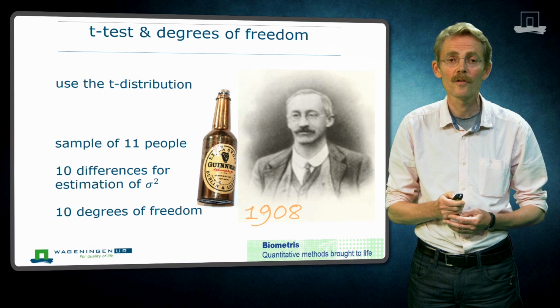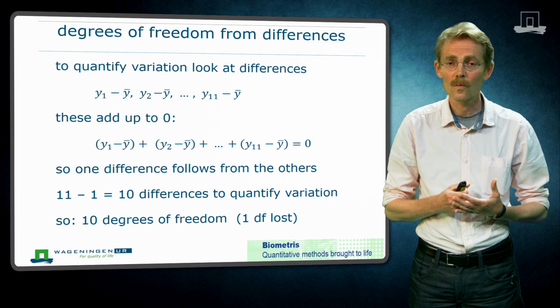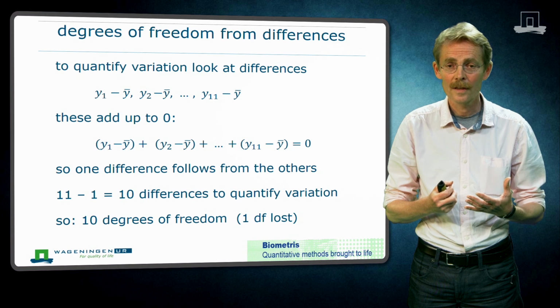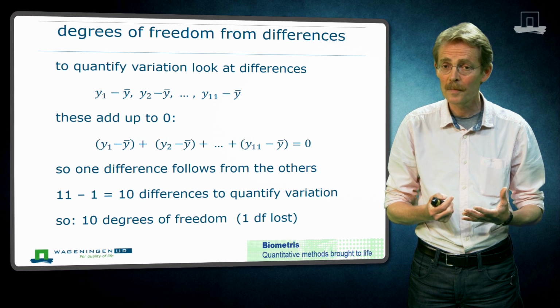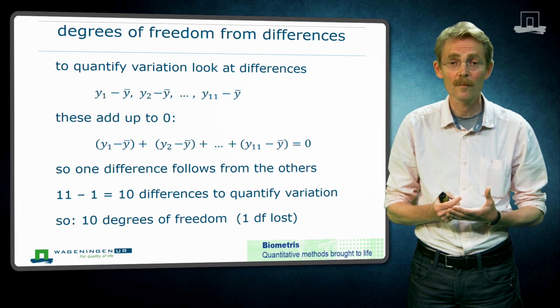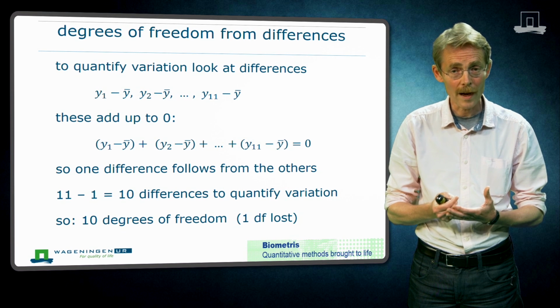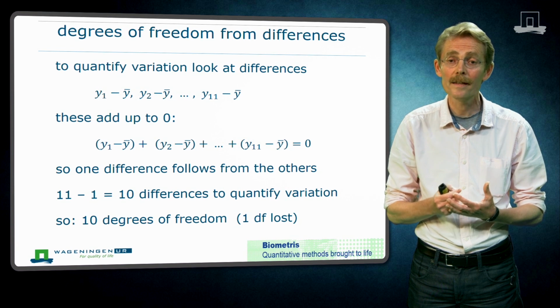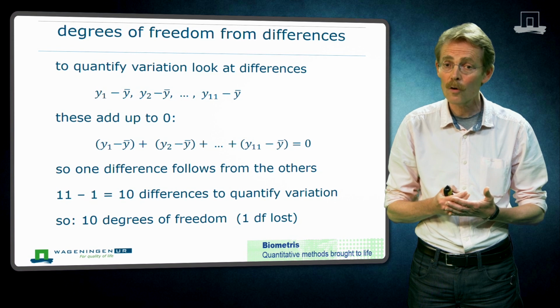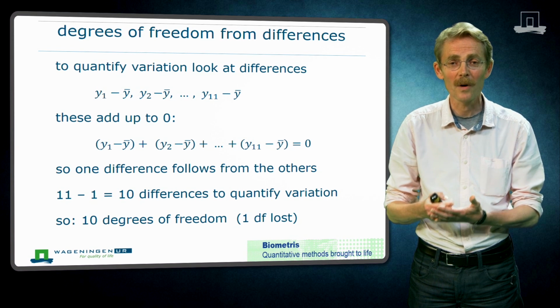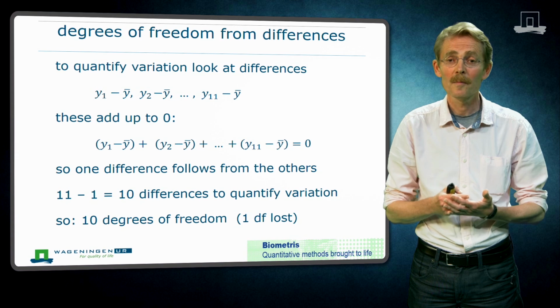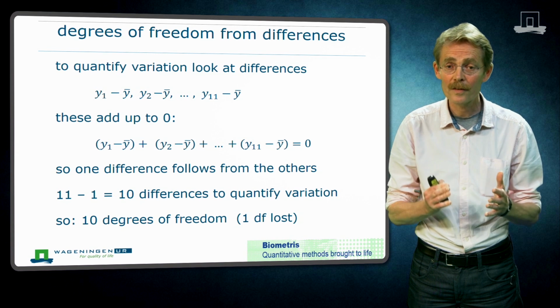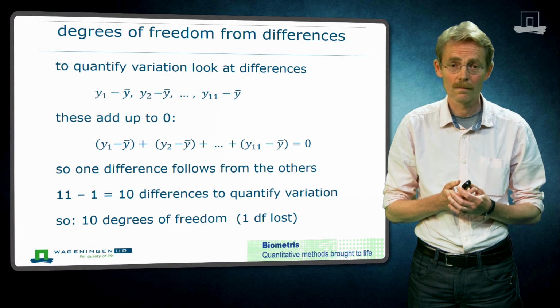Let me explain a bit further. We quantify variation in terms of differences around the mean. That would be mu in this case. That would give you 11 differences, y1 minus mu up to y11 minus mu. But we don't know mu, so we replace it by y bar, the sample mean. But because of this, the 11 differences now add up to 0.